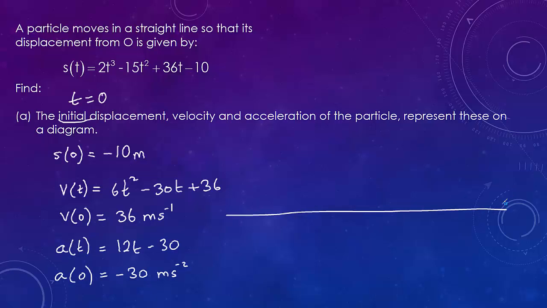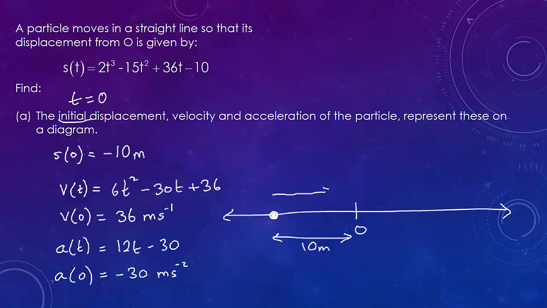So if we have a diagram here for the particle, let's put O here. The initial displacement is negative 10. So we'll put it over here so that this distance is 10 meters, and it's to the left of O because it's negative.